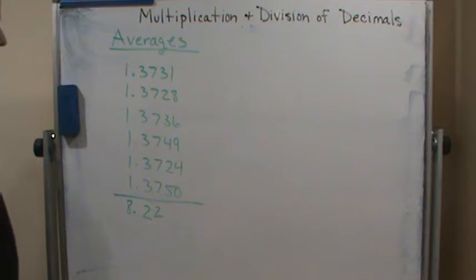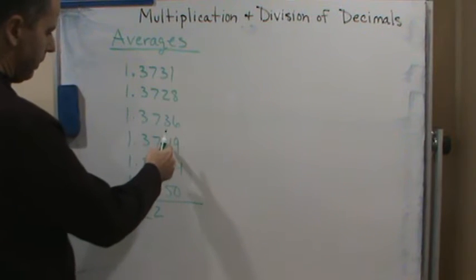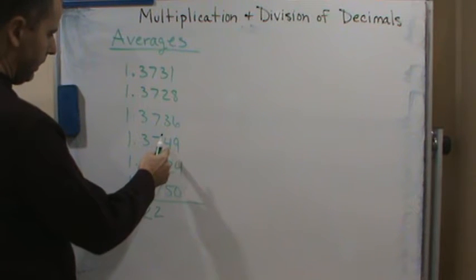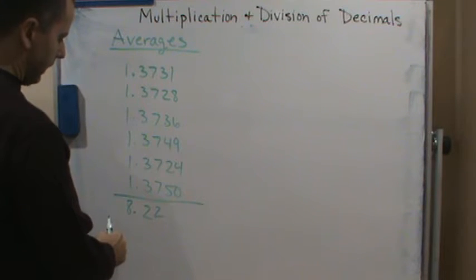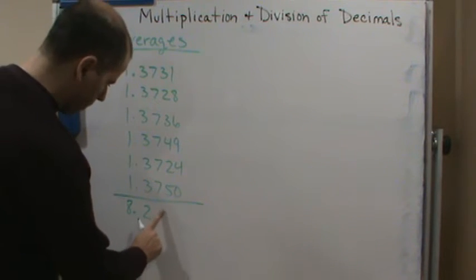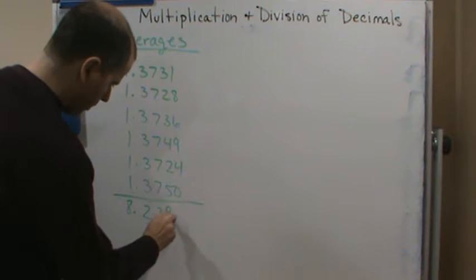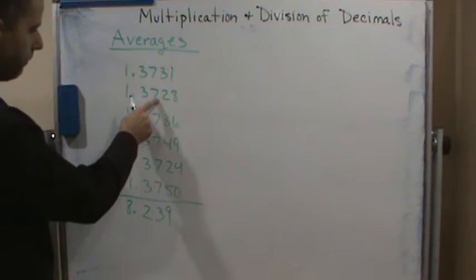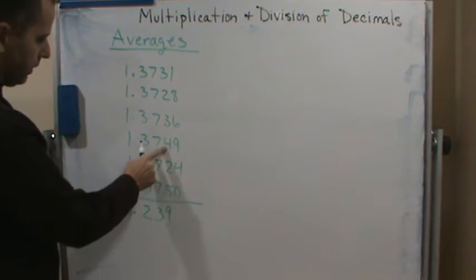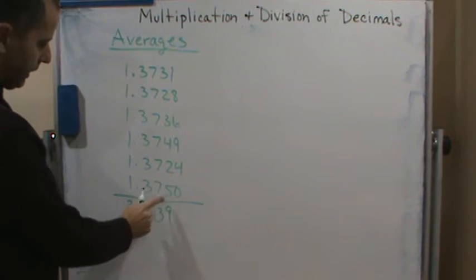8.22. And then we've got 5 and 10 and 9. So we got 19. So that's going to turn into 33.9, right? So 5, 6, 7, 8, 12, 14, 19, right?